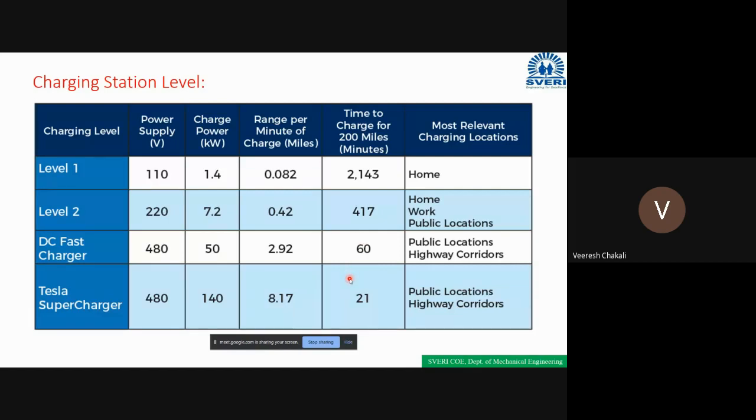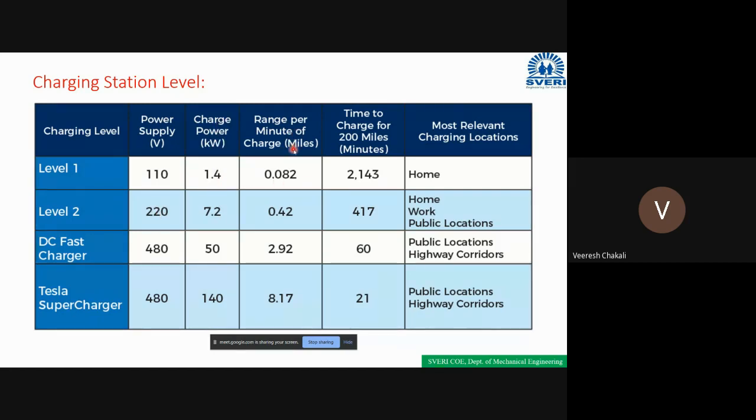Next, these are the charging station levels: level 1, level 2, and level 3. The DC fast charger is level 3. Clear? Level 1 voltage capacity is 110 volts, and charging power is 1.4 kilowatts.